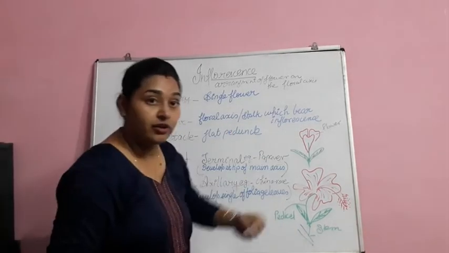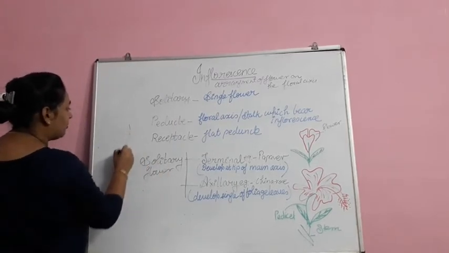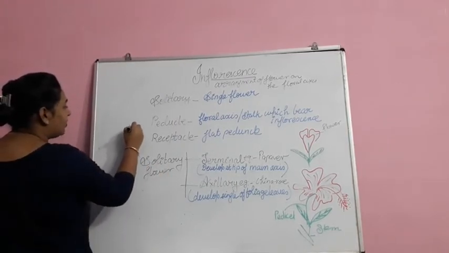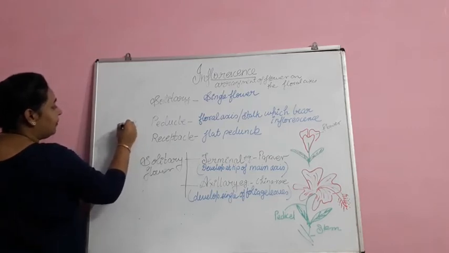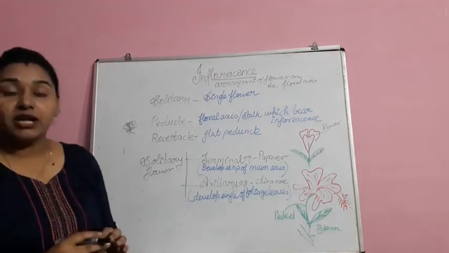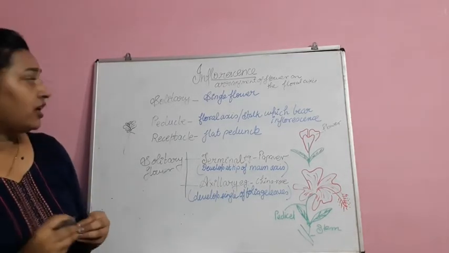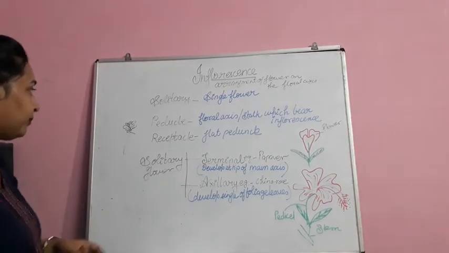Same way over here, if any flower is having a pedicel, and on that only there are so many flowers attached to it and bearing, this part will be called a pedicel. So the pedicel is that part from where the flower originates or starts developing.